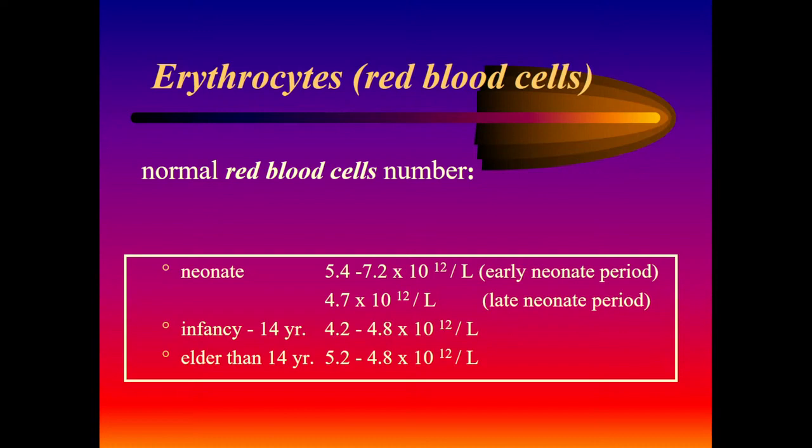In infancy, the border of normal red blood cell number, as you can see in this table, is between 4.2 and 4.8, and in those older than 14 years, 4.8 to 5.2.